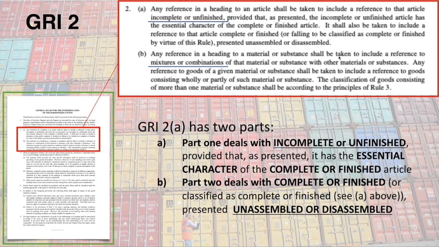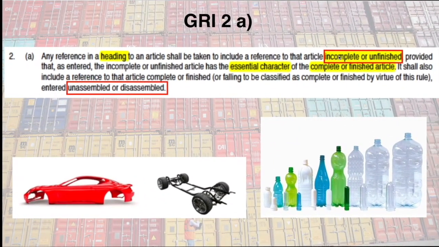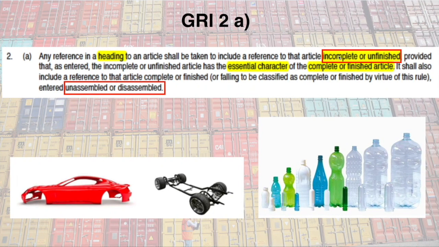Let's look in more detail at letter A of general rule of interpretation 2. As we said already, rule 2, letter A, has the effect of expanding the scope of the heading beyond the terms of the text by allowing the aforementioned articles to be classified in them, whether they are incomplete or unfinished, even if they are presented disassembled or not yet assembled.